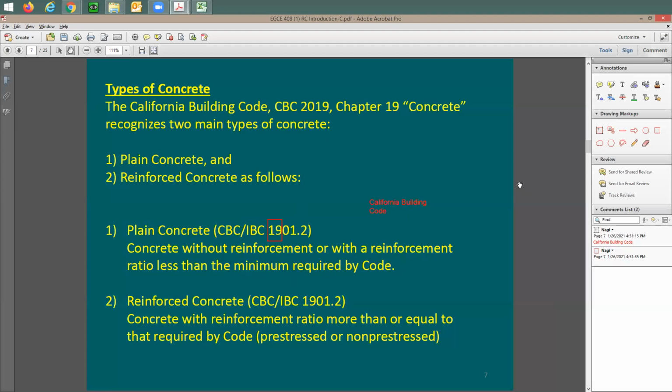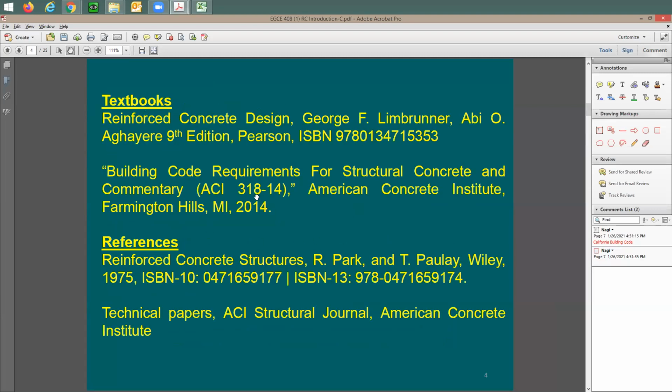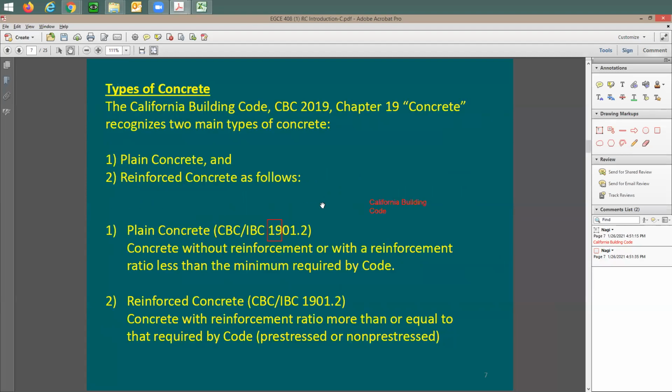Now someone's going to be confused and say, you say CBC, IBC, so what is this? What is the IBC? What is the ACI? You call it also building code. The ACI is only related to concrete. The CBC is not only for concrete design. The CBC is for all types of construction. CBC includes concrete design, structural steel design, wood design, aluminum design, and lots of other issues.